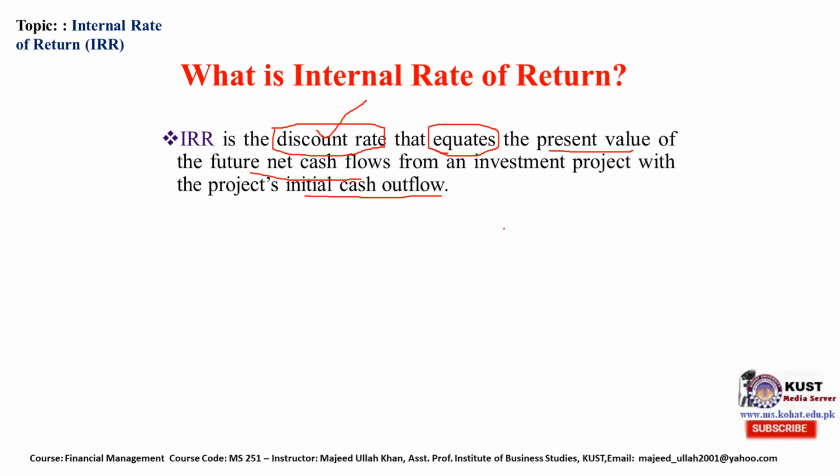So internal rate of return is a rate at which two things become equal: the present value of future cash flows and the initial cash outflow. The rate at which these two things become equal is called IRR.